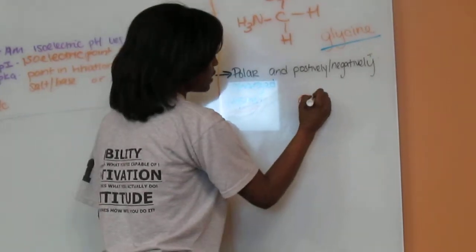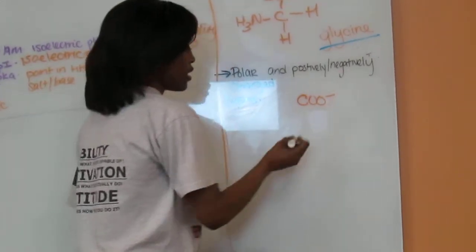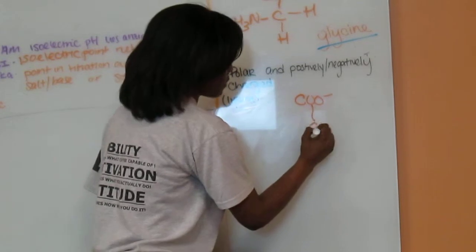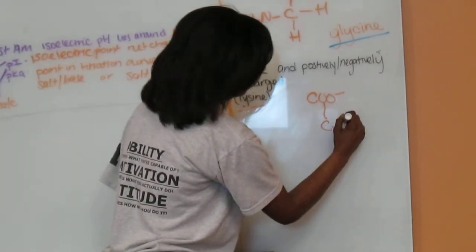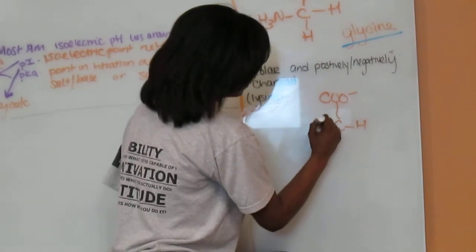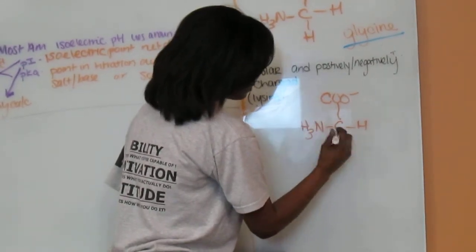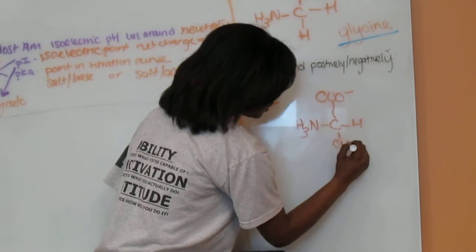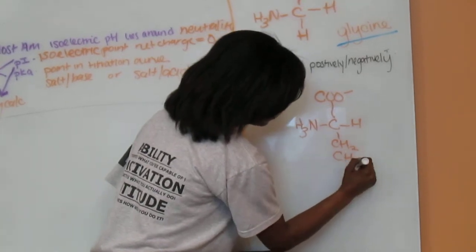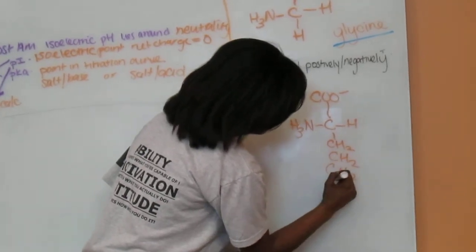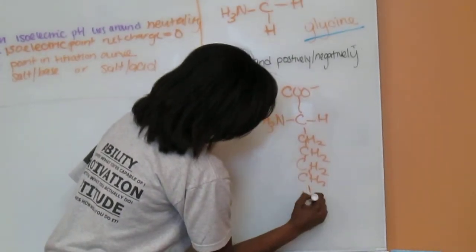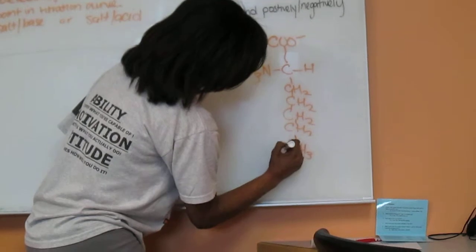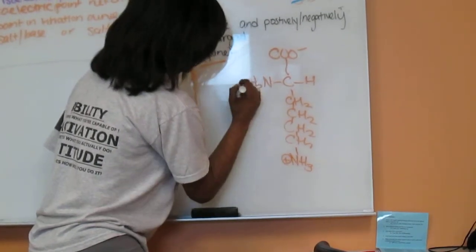You have COO minus, same as in your other amino acids. Then you have CH2, CH2, CH2, CH2. And then you have another NH3, the charges.